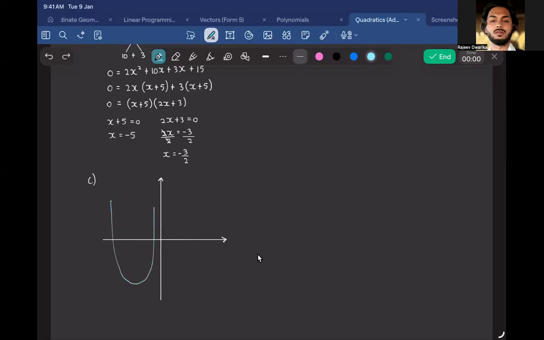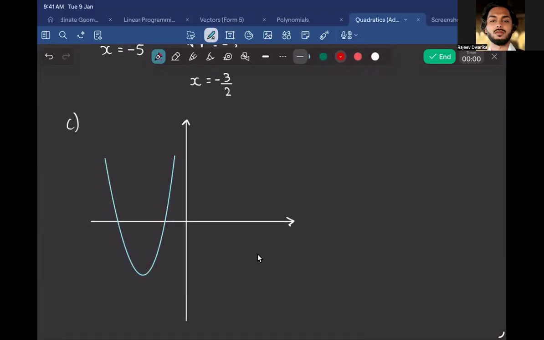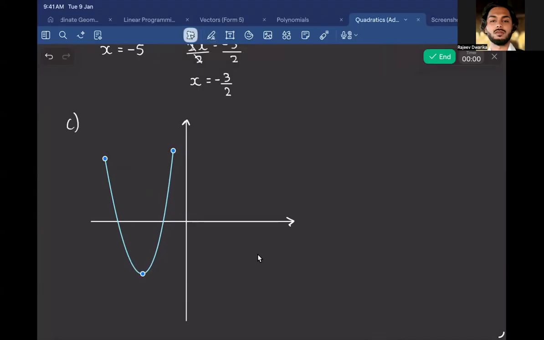Nice. So where should I put the -3/2? Should I put the -3/2 over here? Yes, I should. And I should put the -5 over here.